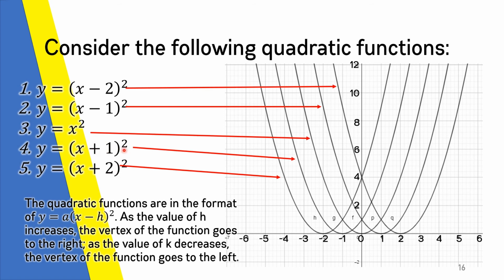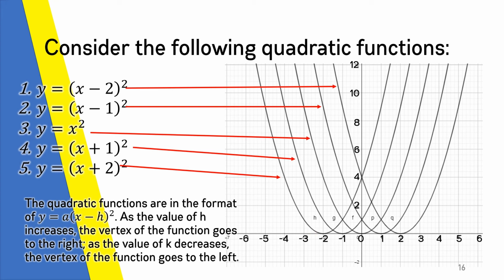The formula is negative, therefore if this is positive, the value of h is negative, because negative times negative is positive. So in order for this to be positive, the value of h must be negative. So as the value of h decreases, the vertex of the function goes to the left. So this is negative 1 here, negative 2, negative 2.